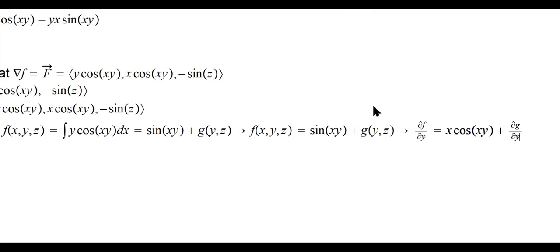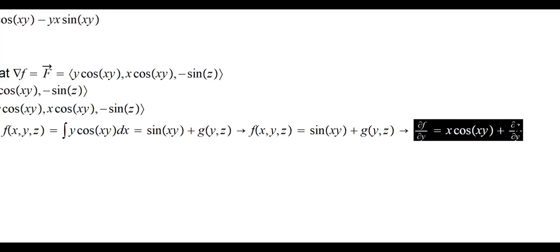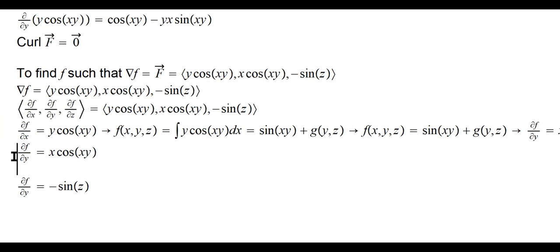I shouldn't really have dragged it so far out, but anyways, I did. All right, so what we just found is this, right? But on the other hand, we know df/dy is x cosine xy, right?